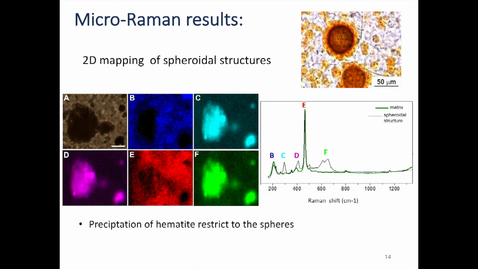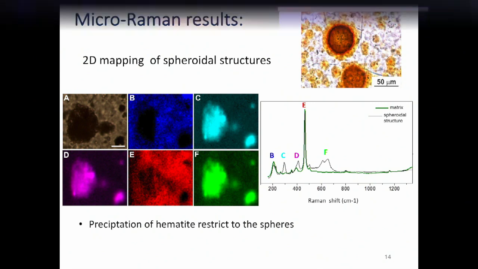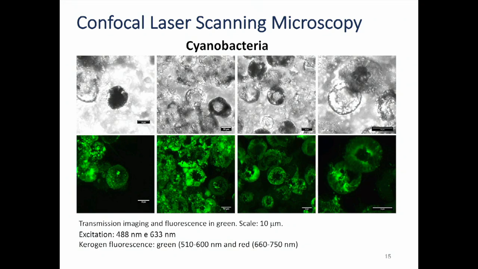So that's what we can do with Raman for these specific samples, because they don't have kerogen preserved. So this is a non-carbon preserved fossil. But they have high luminescence in Raman, so we can't study most of the samples with this technique.